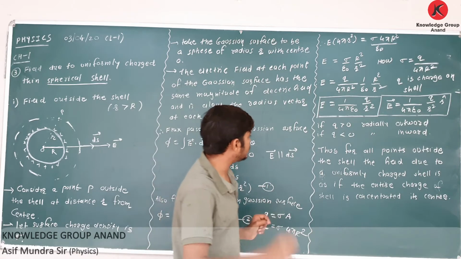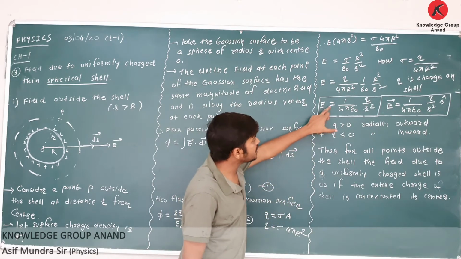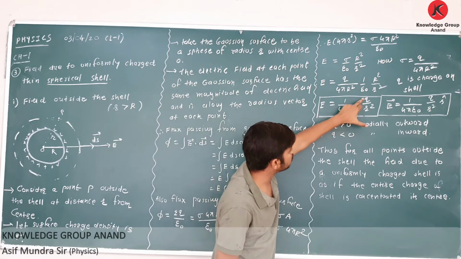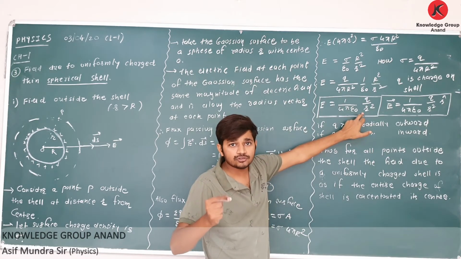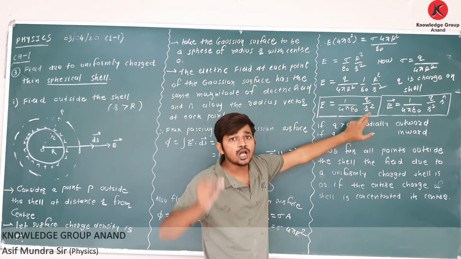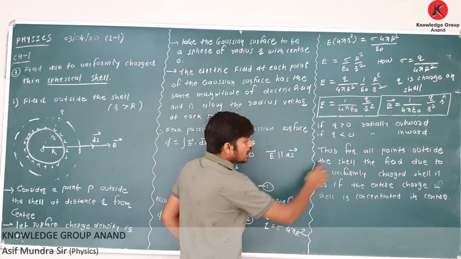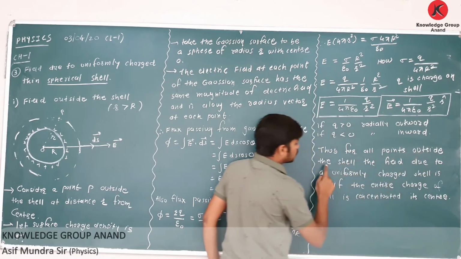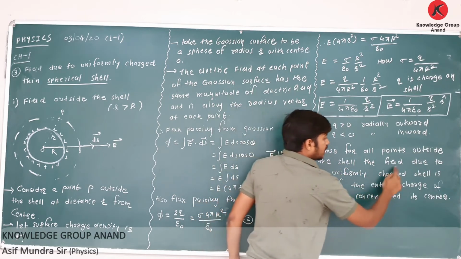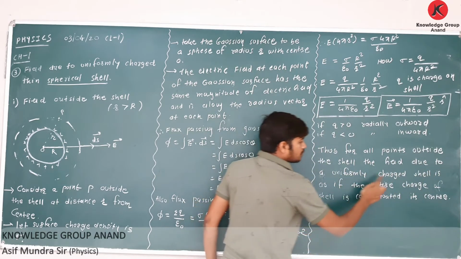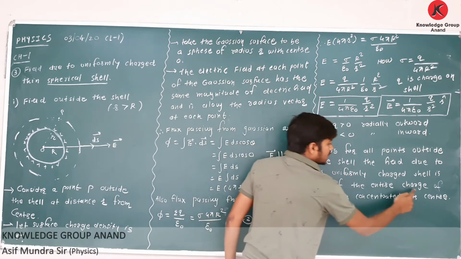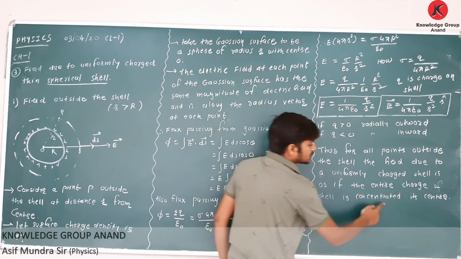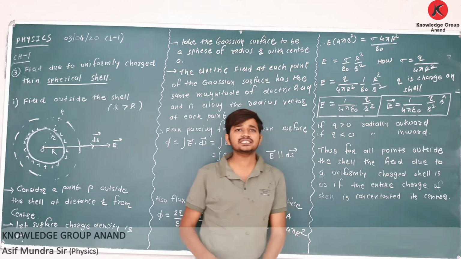Now see one interesting point. E is equal to 1 upon 4 pi epsilon 0 Q upon r square. I said it is also the equation for a point charge. So from this we can say for all points outside the shell, the field due to a uniformly charged shell is as if the entire charge of the shell is concentrated at its center.